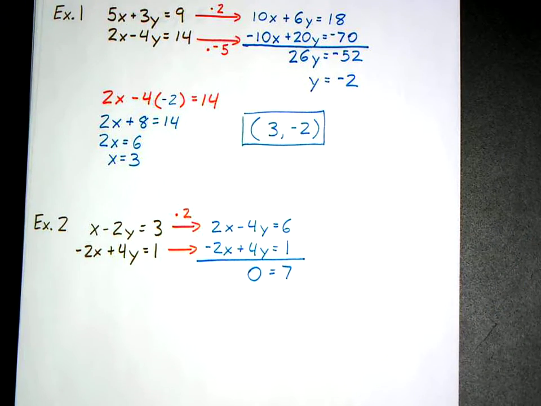So everything on the left-hand side would cancel out. And I get 0 equals 7. So what does that mean? No solution.